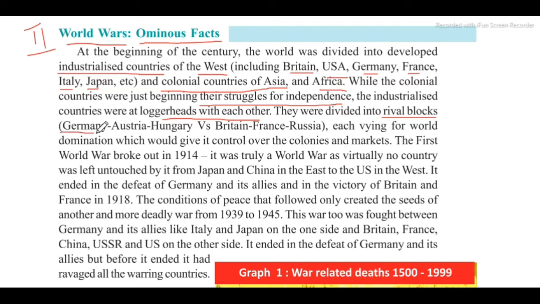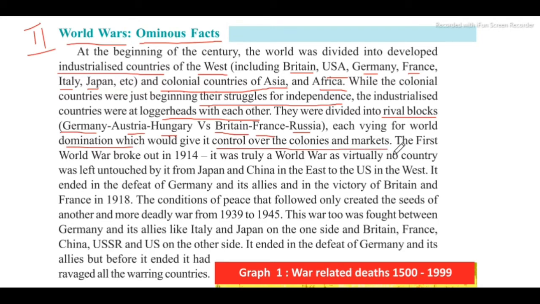One headed by Germany, the other headed by Britain. Germany was supported by Austria and Hungary. On the other side, Britain was supported by France and Russia. Each eyeing world domination, they wanted complete control over the colonies and markets.